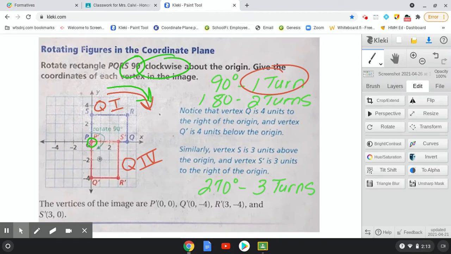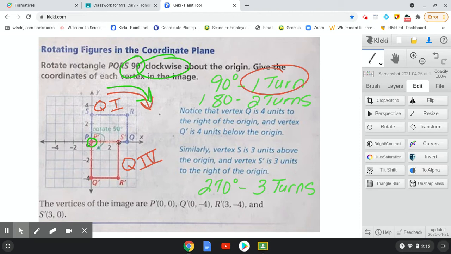Okay, so now to identify the coordinates of the new figure, you would identify this as, let's see, P, that's a P, right? So P prime is (0, 0).